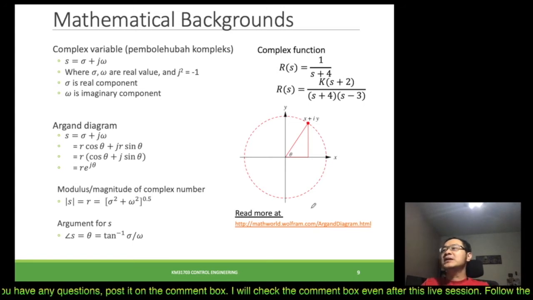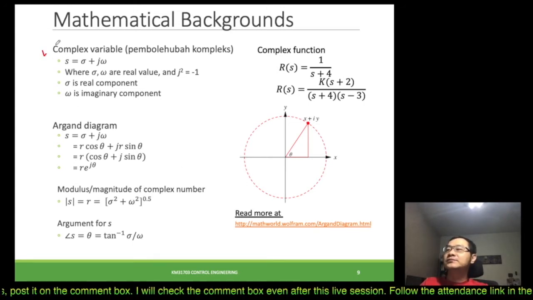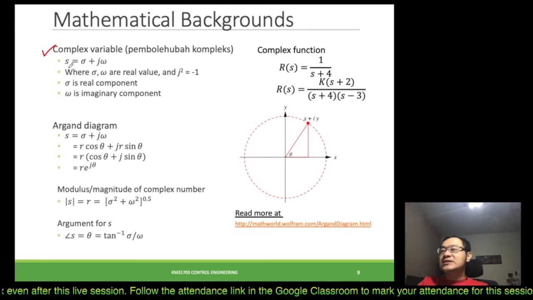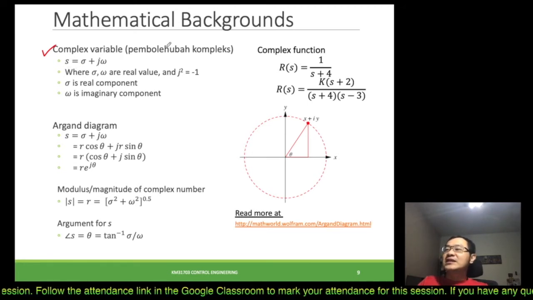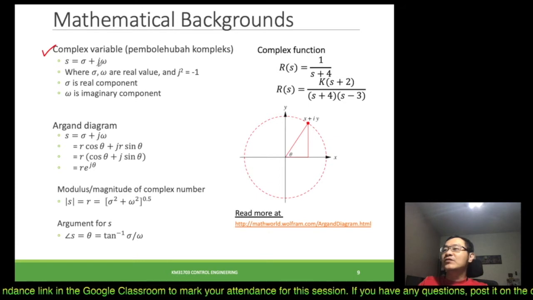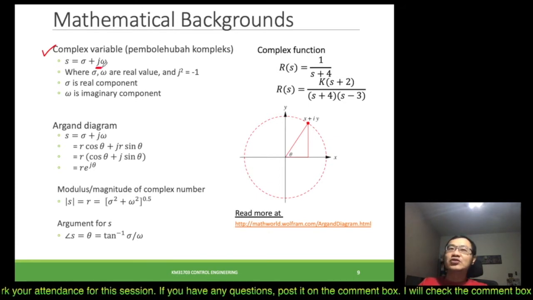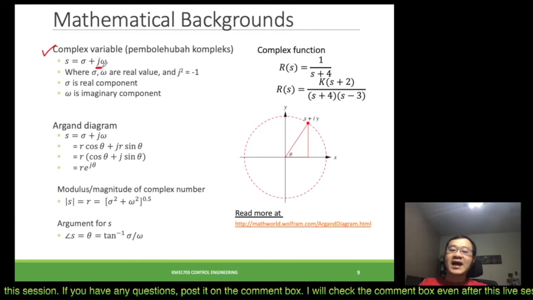The first is the complex variable. In control engineering, you will see a lot of complex variables with, let's say, j. Here we prefer to use j instead of i, right?